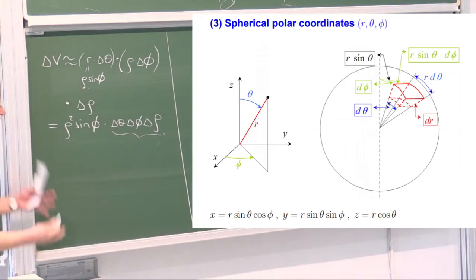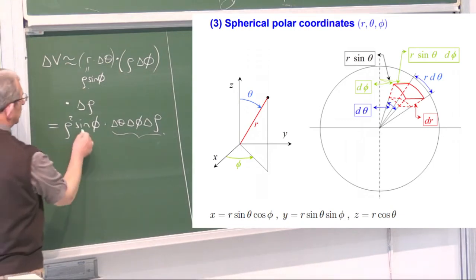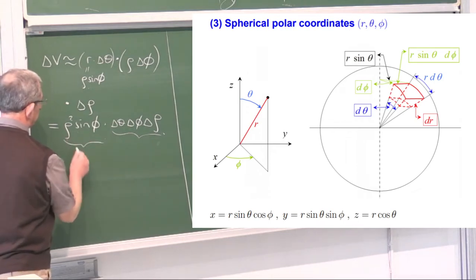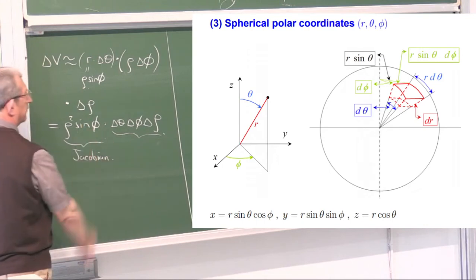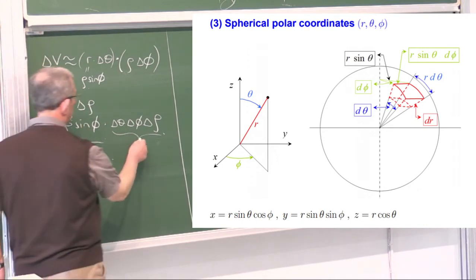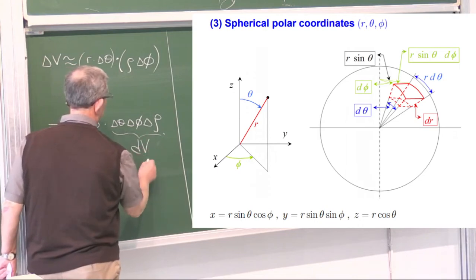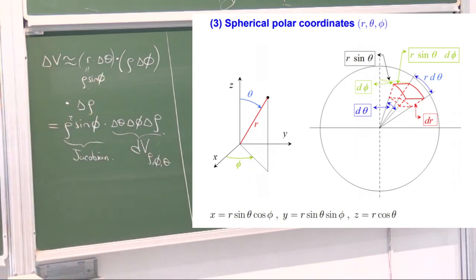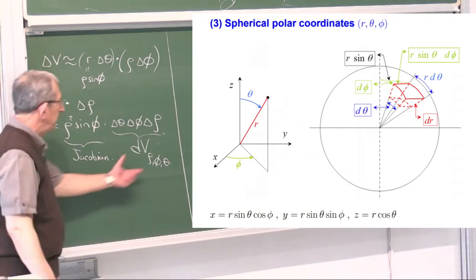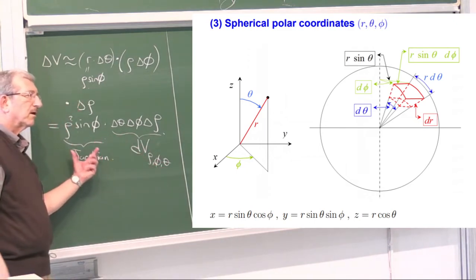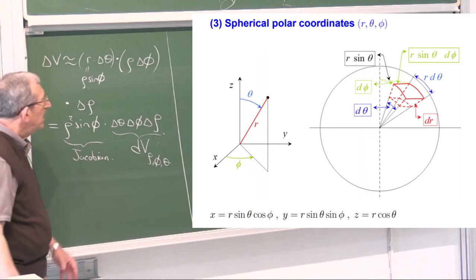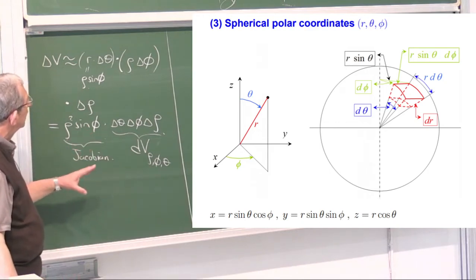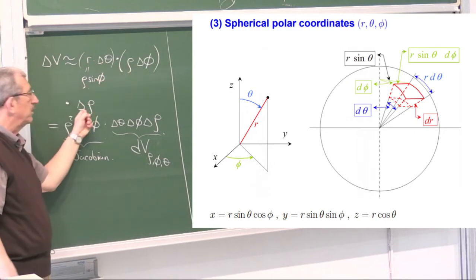So the factor in this change of variable is this one. This should be the Jacobian. Usually we write it in this order, so let me write it this way. It's the volume of a rectangular box in the new system, and this is the constant which comes to the front. Now, in the picture, we see how these are shown.